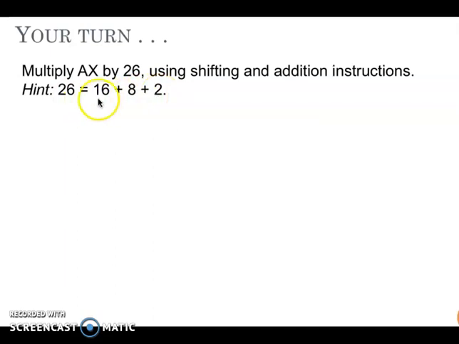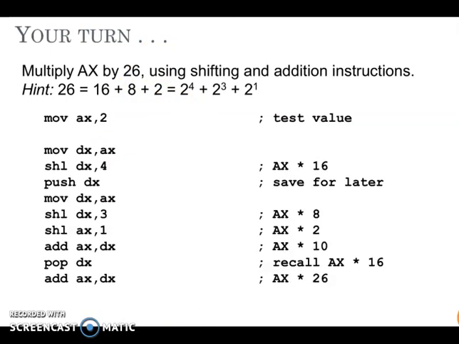So 26 equals 2 to the 4th power plus 2 to the 3rd power plus 2 to the 1st power. Can you finish the assembly code? Pause the video, complete your assembly code, then you can check the answer. So that's the result.